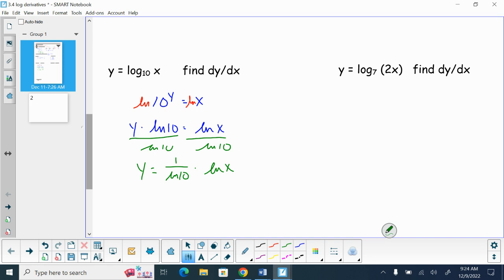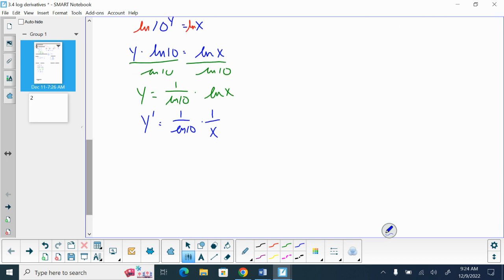Now we're in a form that we can utilize to find our derivative, because this is just a coefficient. This is 1 over ln of 10 times the derivative of ln of x. Well, the derivative of ln of x is 1 over x. So we're equal to 1 over x ln of 10. Now, once again, you can leave it in that form, and that is fine.